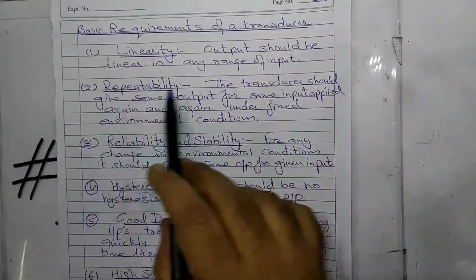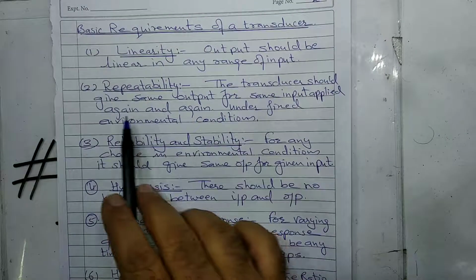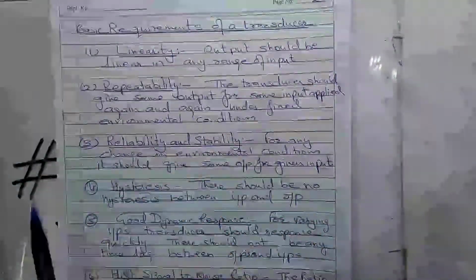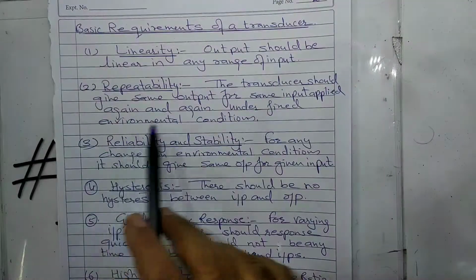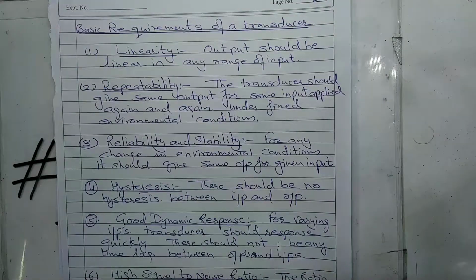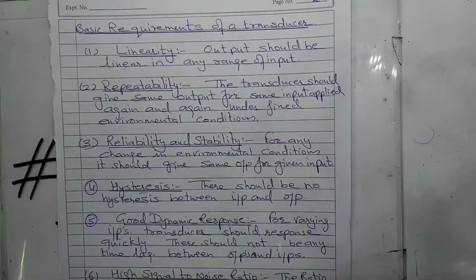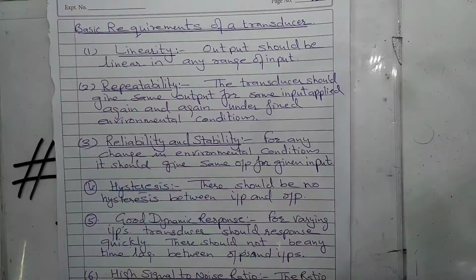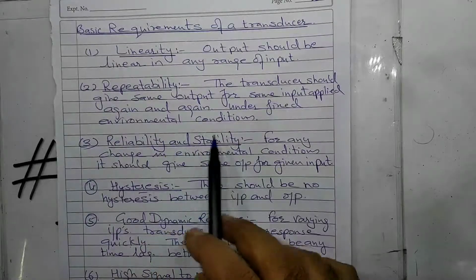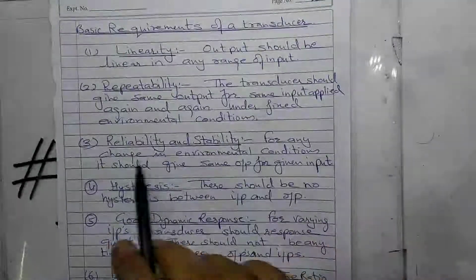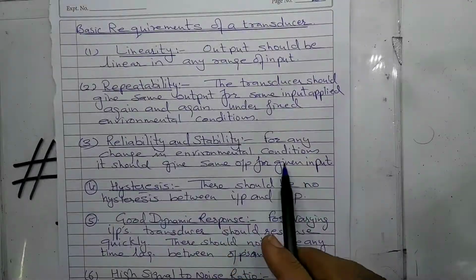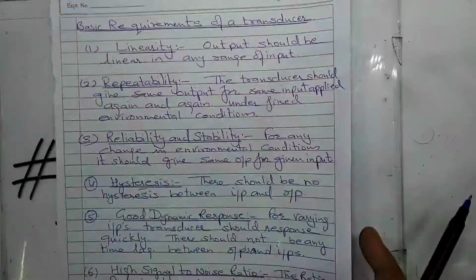Second is repeatability. The transducer should give same output for same input applied again and again under fixed environmental condition. So the output should not vary with the same type of input. Third is reliability and stability. For any change in environment condition, it should give same output for the given input.